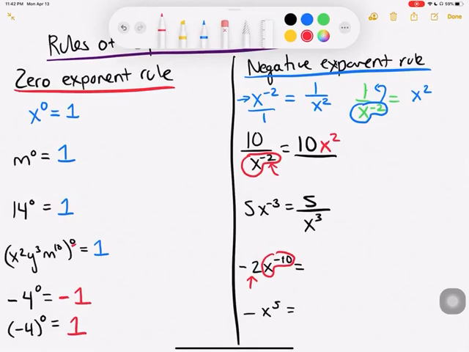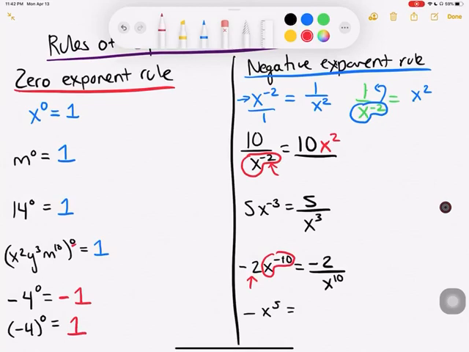Okay, so that negative 2 is going to stay where it is, which is in the top right now. And then the x to the power of negative 10 is going to migrate from the top to the bottom. So it goes to the bottom, x, and I change the sign of whatever has a negative exponent only to a positive. And that should be my result, negative 2 divided by x to the power of 10.